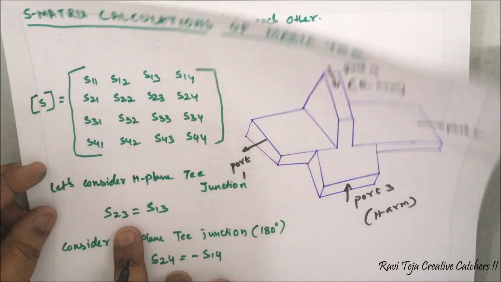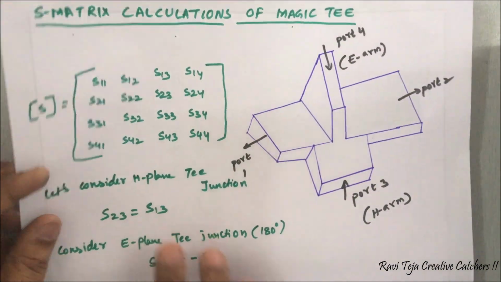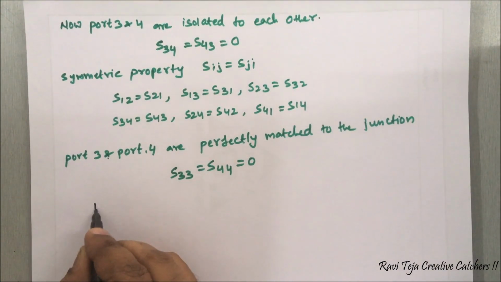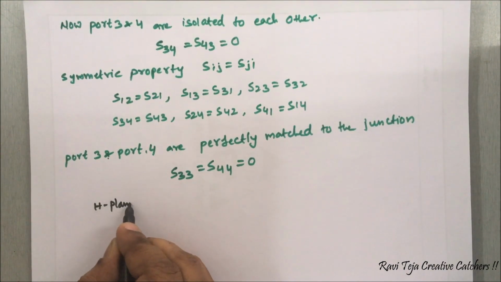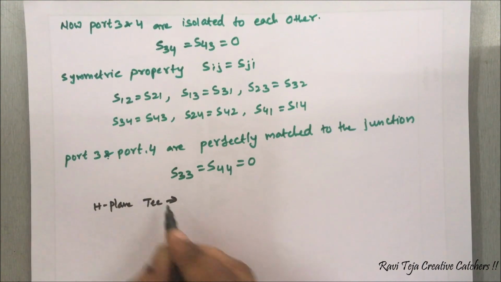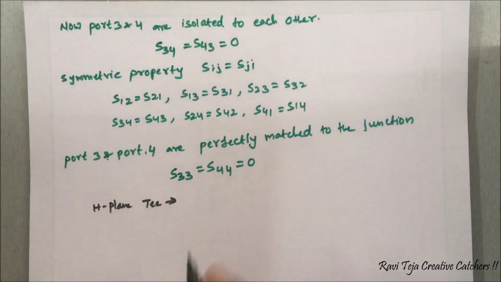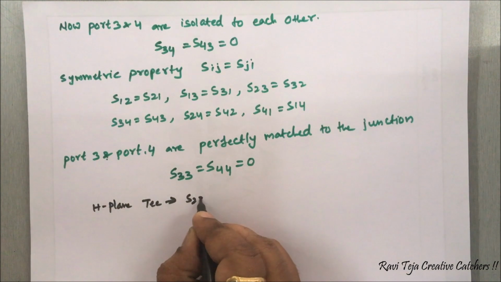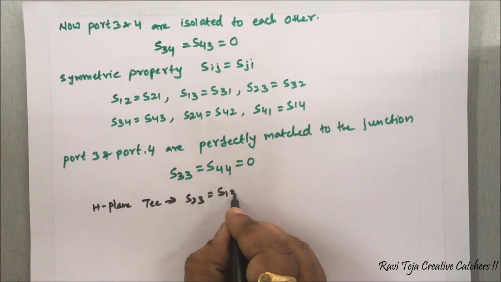From H plane T we have S23 is equal to S13.